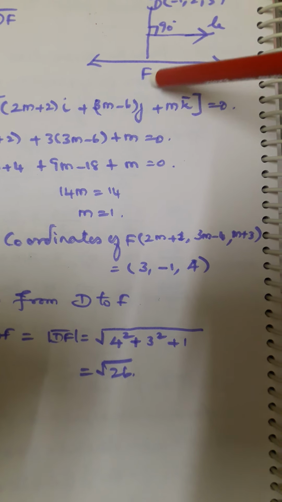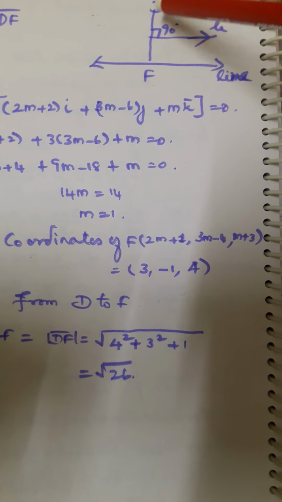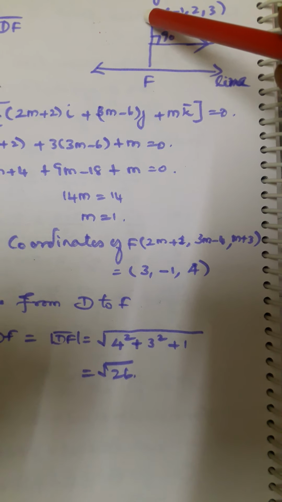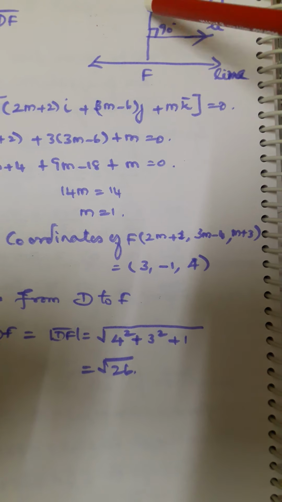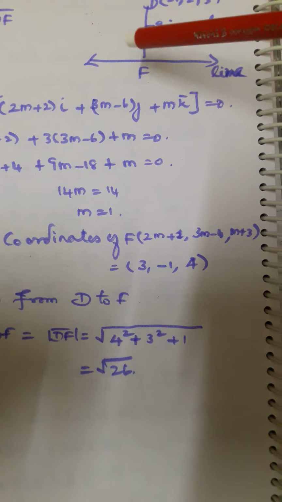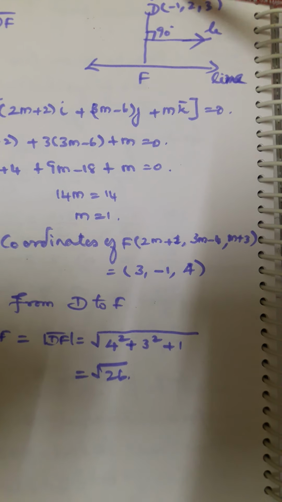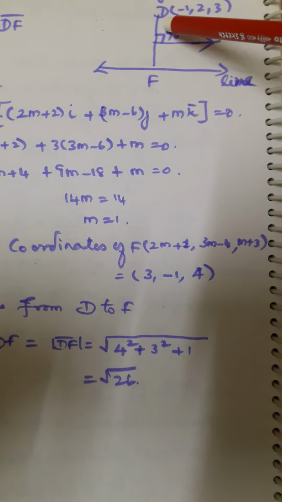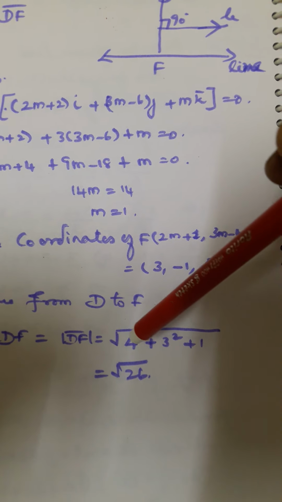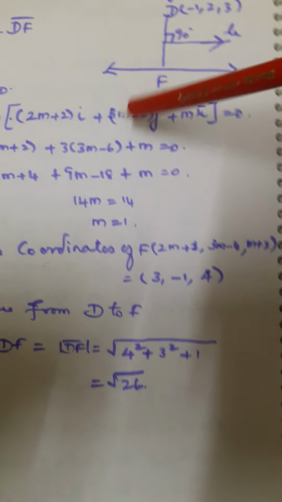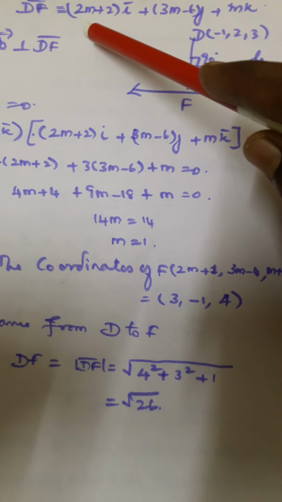That is called the point of intersection of your line and the perpendicular from the point. But we need the distance between D and F. We have to find the distance. Sometimes it may be asked as an equation. Equation means you have to use your two points formula. So the distance formula is the square root of (x2 minus x1) the whole square and so on, or we can directly substitute m equal to 1.